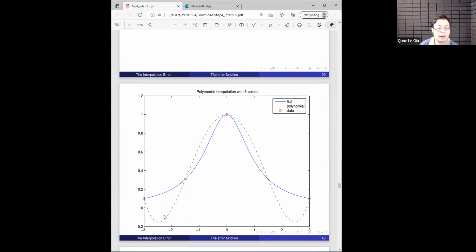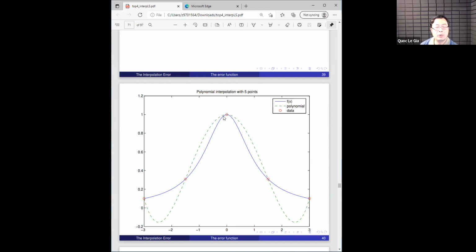And you can see that the errors could be very big, right? At interpolation points, it equals 0. But at different points, the errors could be big. The error is the gap between the blue line and the broken green line. Yeah. And this one, you have 5 points.